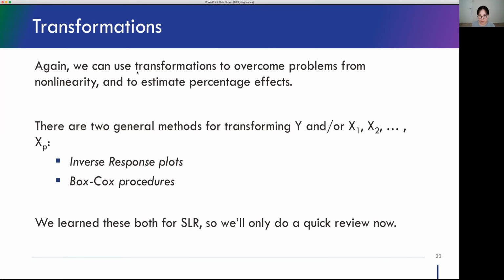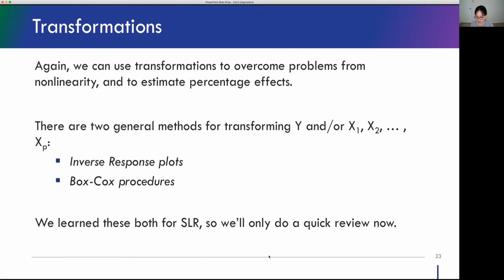Similarly to before, we use transformations to overcome problems of nonlinearity, and we also use log-log transformation to estimate percentage effects. Before, we had two general methods for transforming Y and/or your predictors. We can use inverse response plots, and we can use Box-Cox procedures to get an estimate of lambda. But you will see that soon.